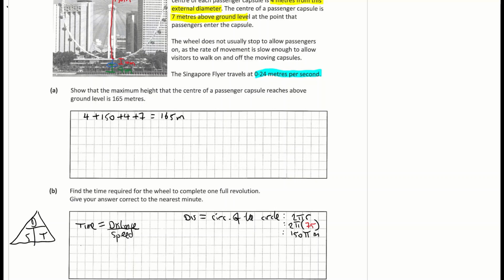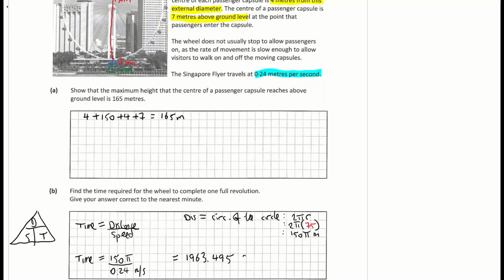So bringing that back to my formula now and filling it in, I have time is equal to distance, which is 150 pi, divided by 0.24, which is meters per second. And when I divide 150 pi by 0.24, I get 1963.495.